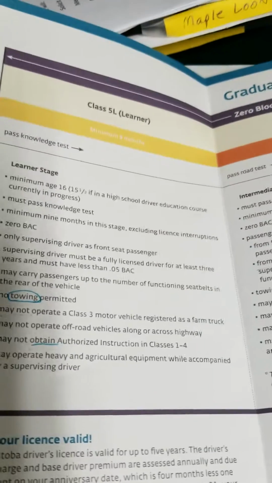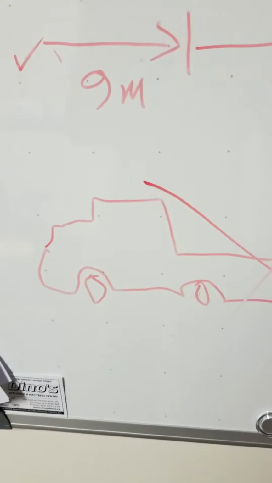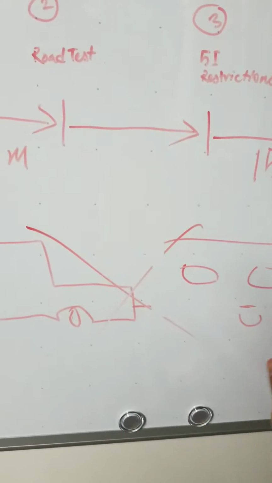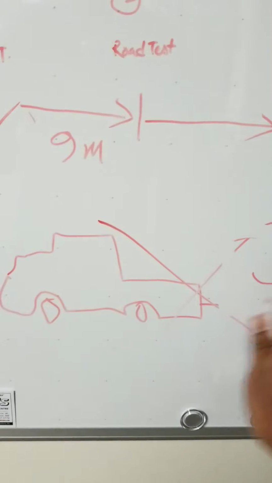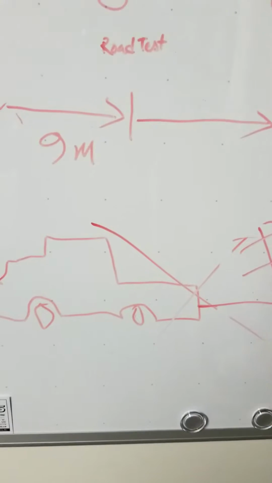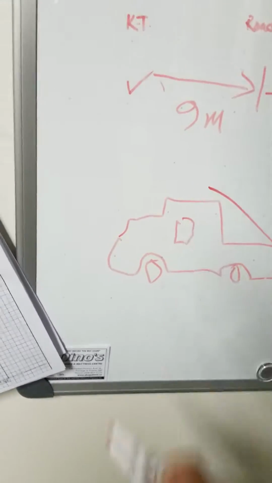If you have a supervising driver, then you can operate those. So you cannot pull a trailer, but if you are operating farming equipment instead of a tow, then you can operate that. Let's say this vehicle is hauling farming equipment at the back, and if you have a supervising driver beside you, it's fine to pull farm equipment. So that's what it means, farm equipment.